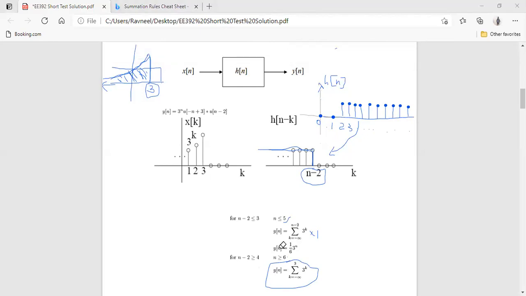Actually, no, the solution given over here is correct, right? So let's try to figure it out over here, right?